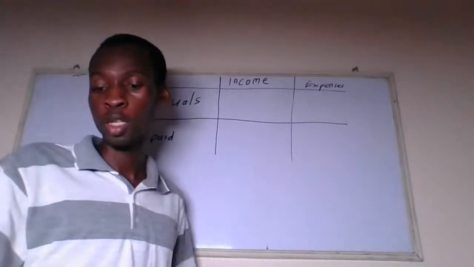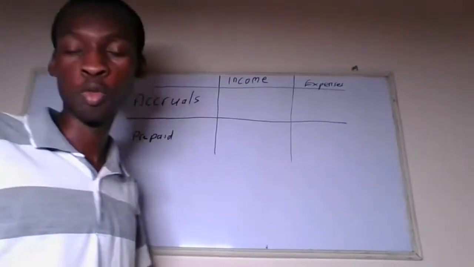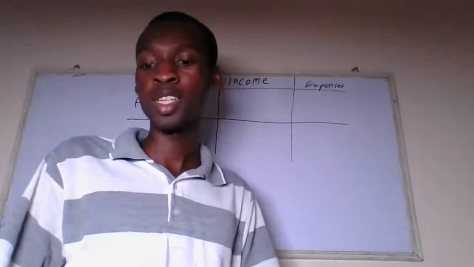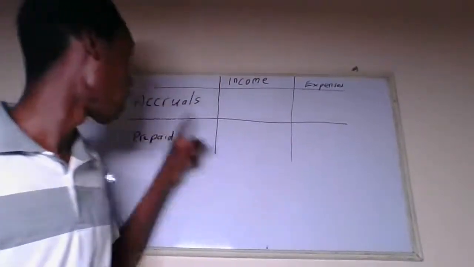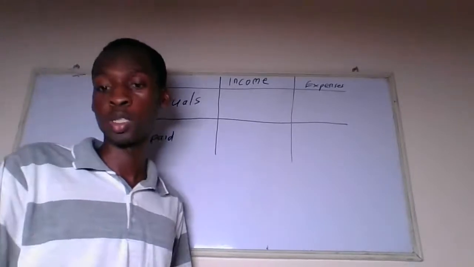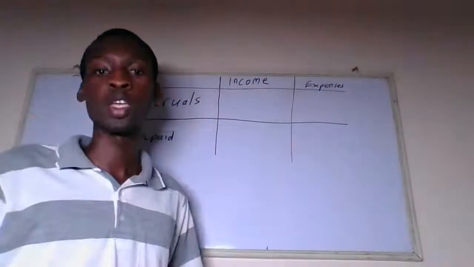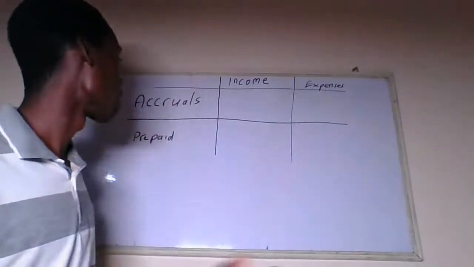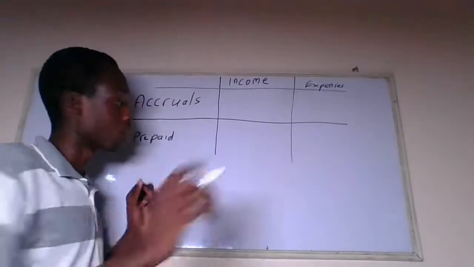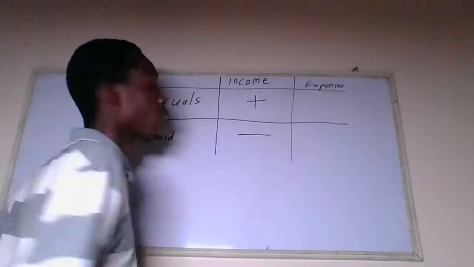We are talking of income. You're receiving interest from the bank, let's say for some investment. When the interest is due, if the bank doesn't pay it on time, then you count it as accrued income. And prepaid is when they pay it in advance. You are expecting money tomorrow, but the money comes in today. So you call that prepayment. In your accounts, when you get prepaid, you minus, and accruals, you add.